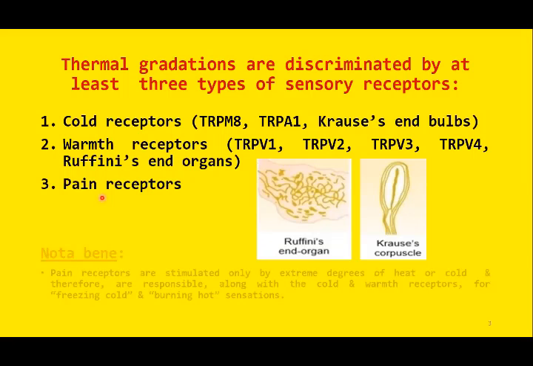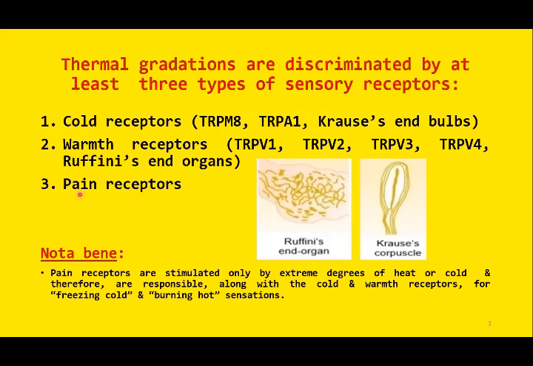So there is overlapping between nociceptors and thermoreceptors. We have discussed receptors for cold sensation and receptors for warm sensation. But at the extremes of temperature, at either extreme, whether very cold or very warm, there are some pain receptors involved. And we can also classify these pain receptors under the category of thermoreceptors.